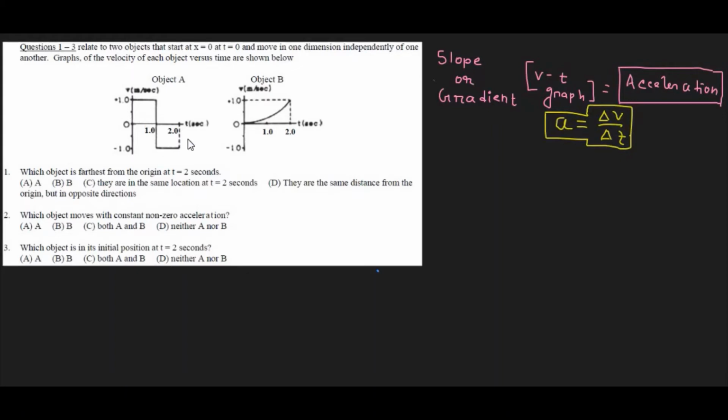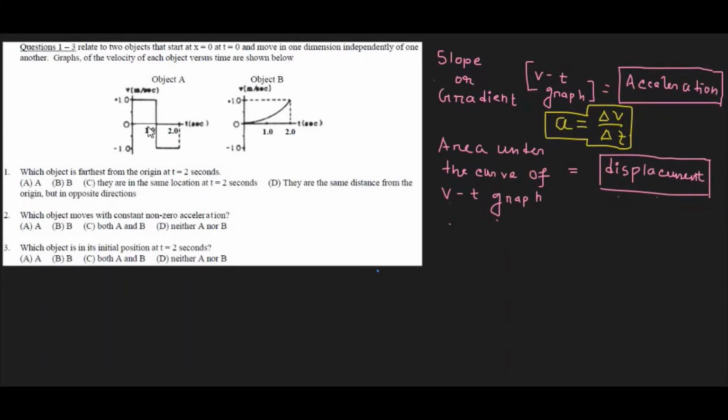And the area under the curve of the velocity time graph represents the displacement. We know that velocity is the rate of change of displacement, so ds can be represented as v times dt, where ds stands for the displacement, v is the velocity, and dt stands for change in time. So from there we can extract these two pieces of information.